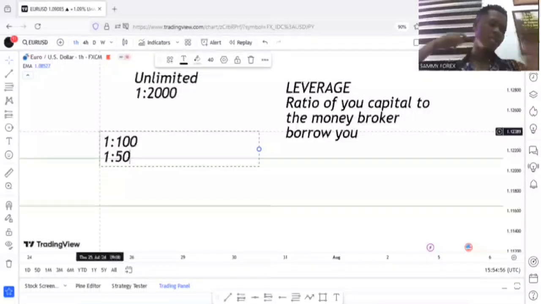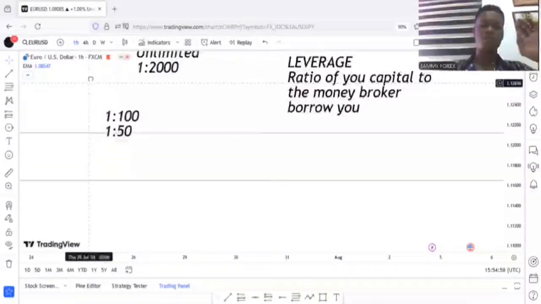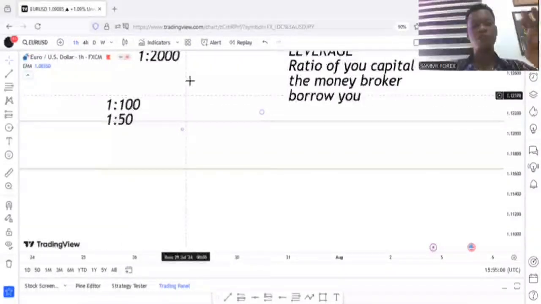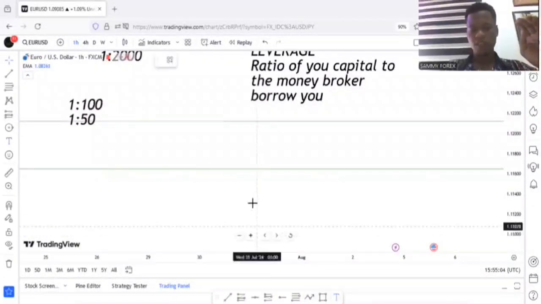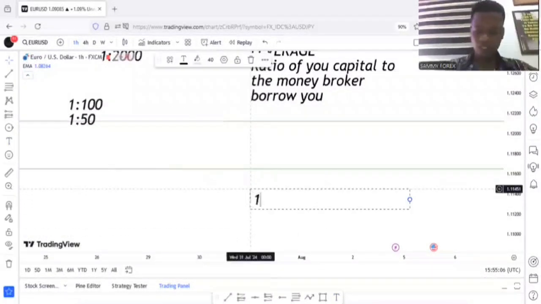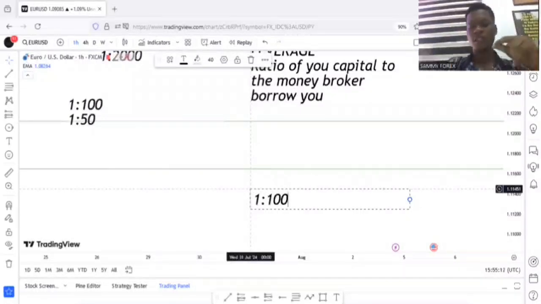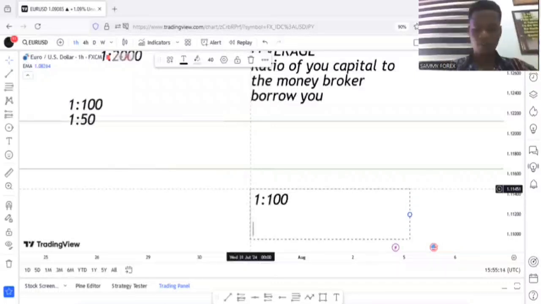Let me explain this briefly. Let's say you're making use of leverage of 1:100 and you have an account size of $50 or $100.